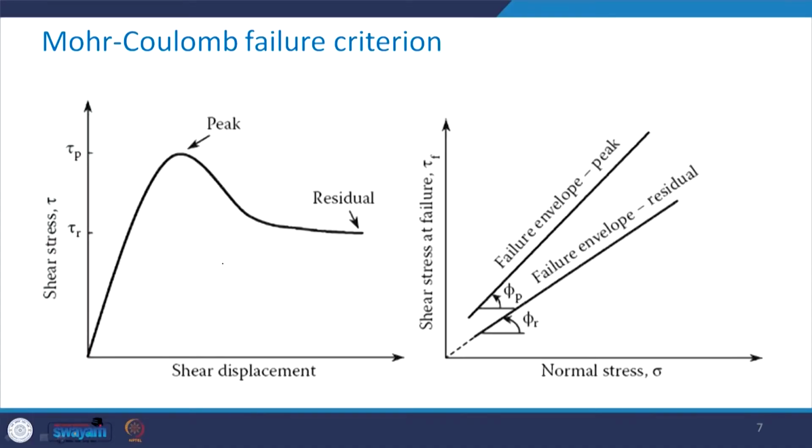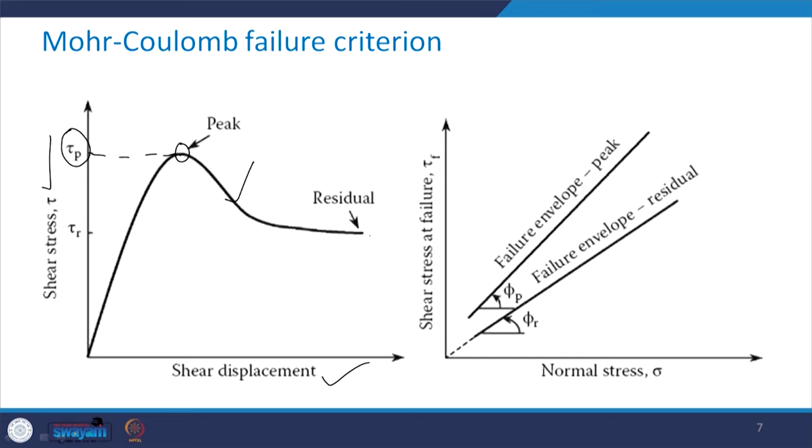Take a look at this picture. Here on the y axis you have the shear stress and on the x axis you have the shear displacement, and you can draw the stress displacement curve like this. Wherever you get this maximum value, this gives you the peak value of the shear stress.